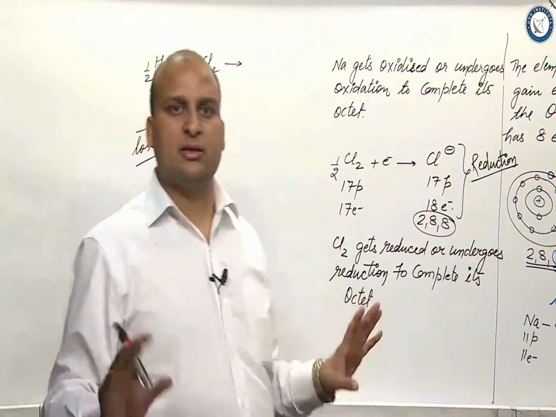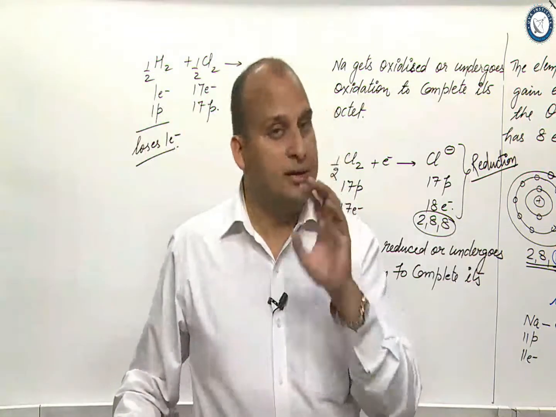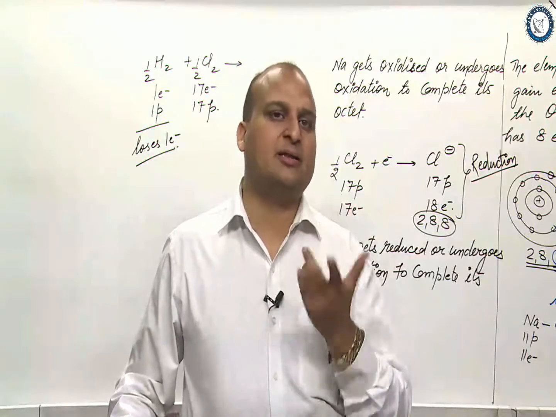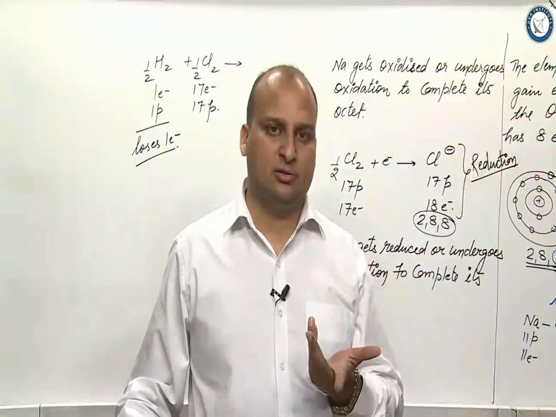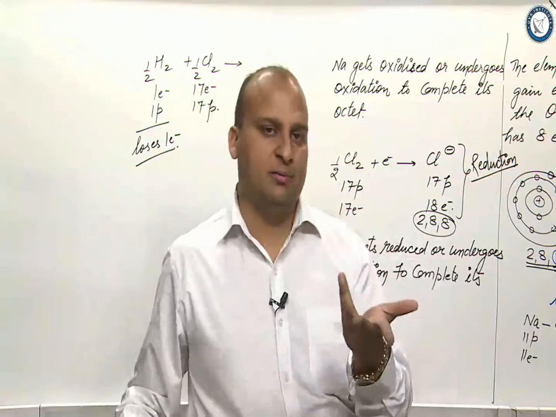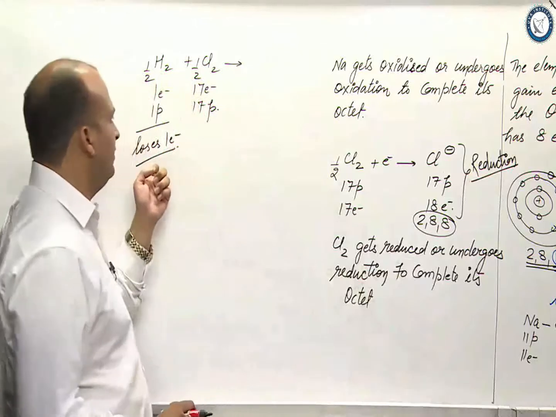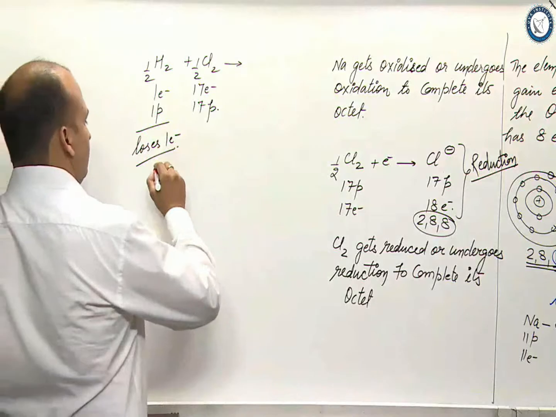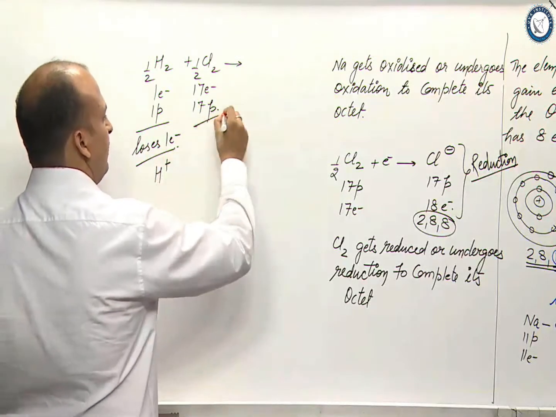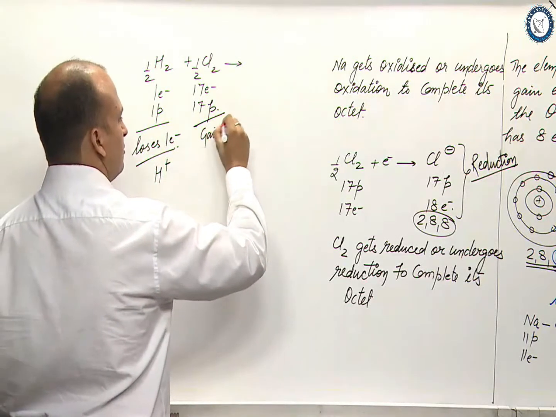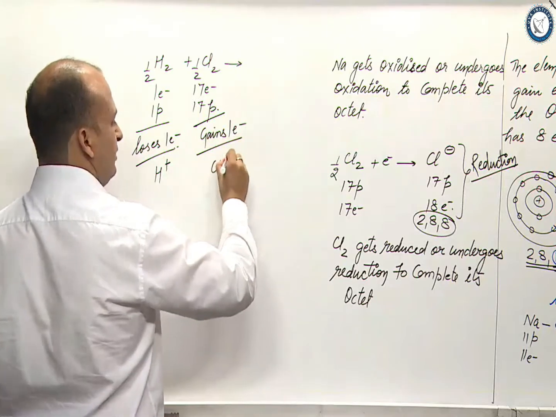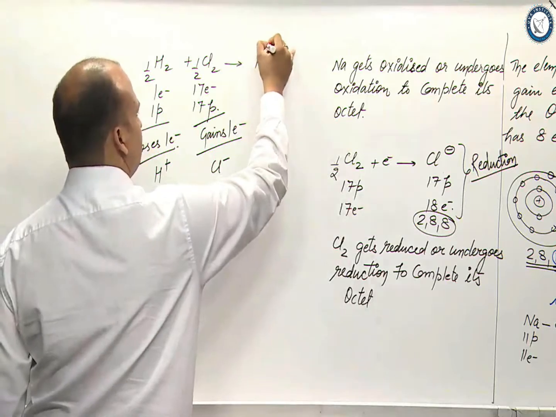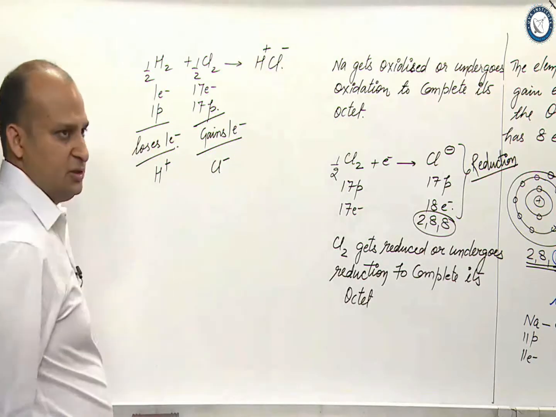So you say, sir, it is completely gone, there is no electron now. Even then, beta, hydrogen is a special case where we do not talk about the octet. It will never have 8 electrons. It can either have 2 or it will become 0. So over here there are no electrons, so this becomes H plus. Chlorine gains 1 electron and becomes Cl minus. So this becomes HCl, where H is plus charge, Cl is minus charge.